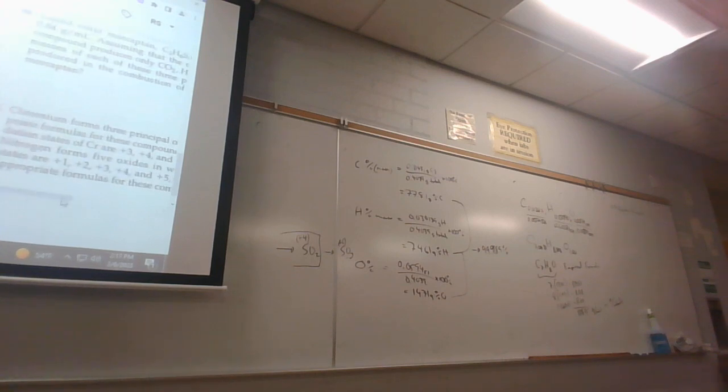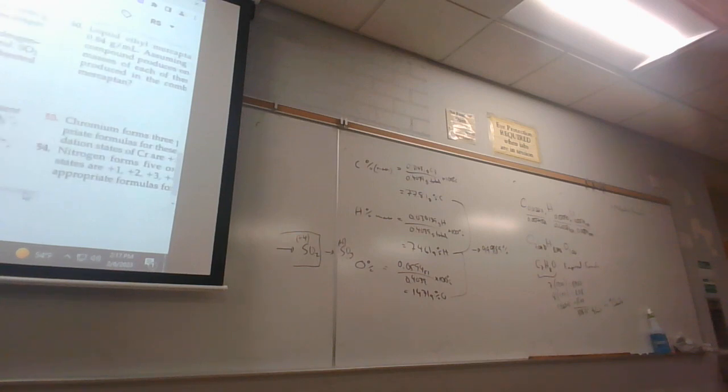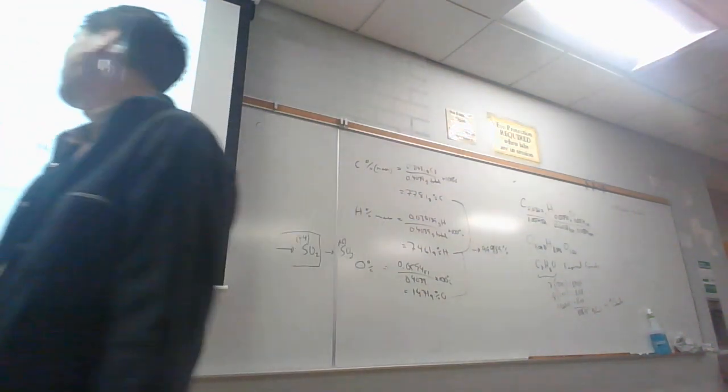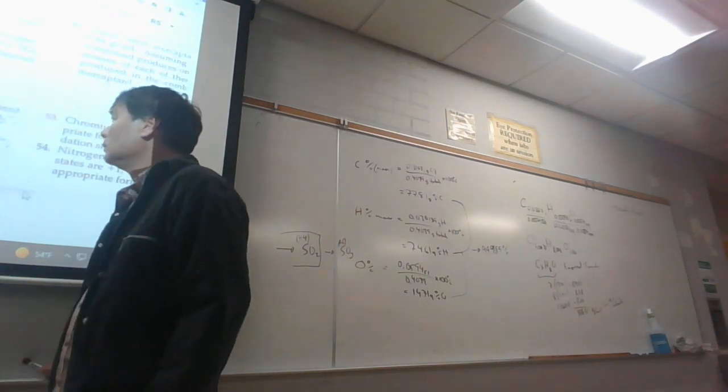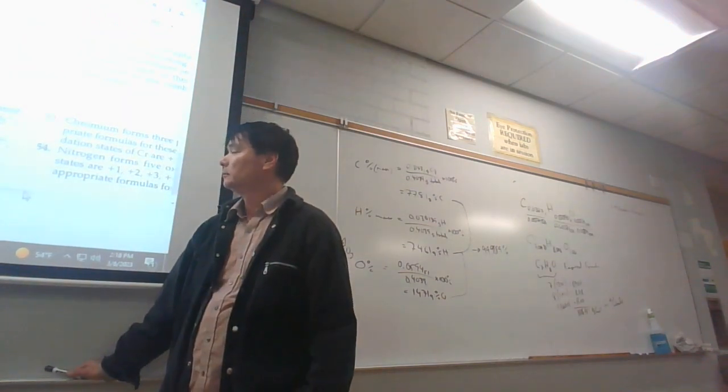Okay, were there other questions? For the oxidation states, there was one that I want to see if there was a typo or not. For 52E, they're getting a negative, but I'm getting a positive.